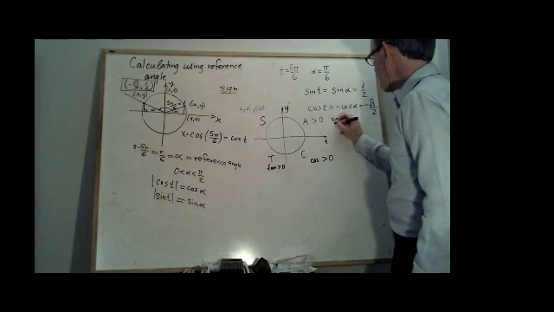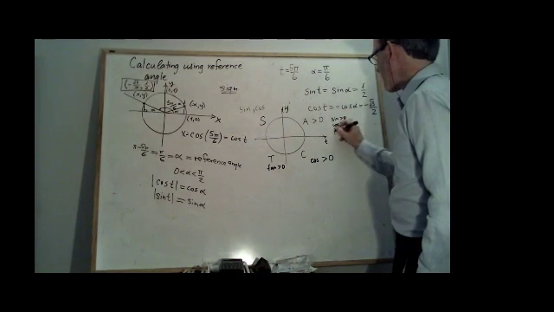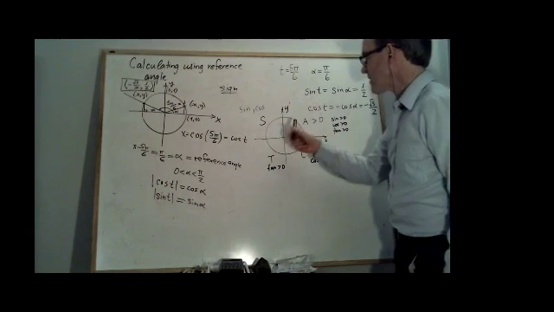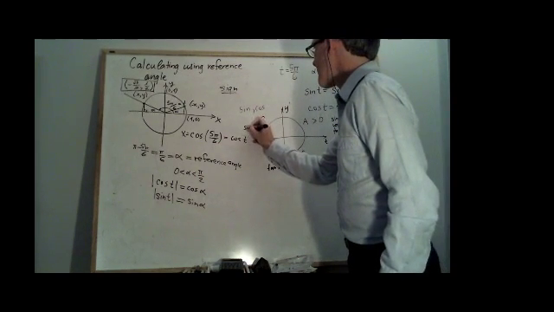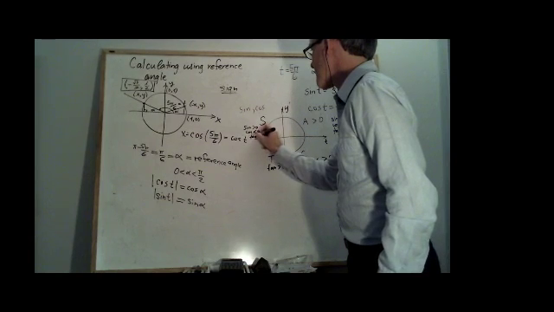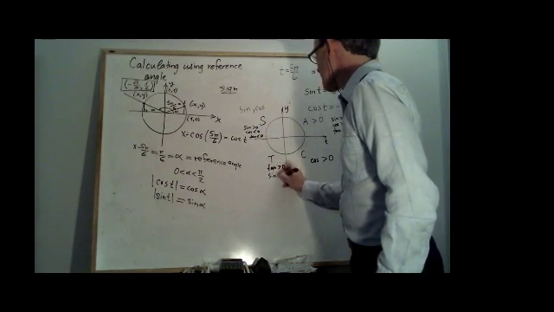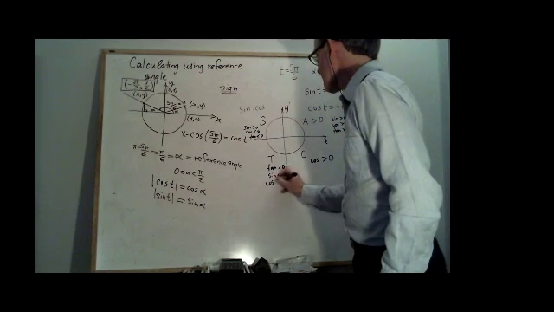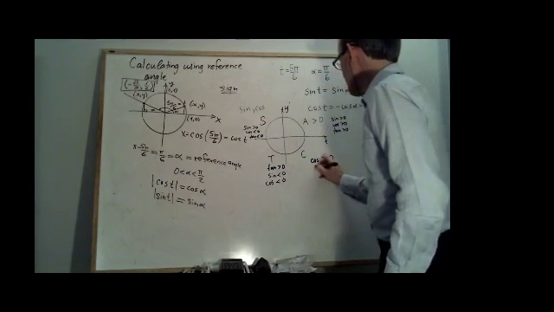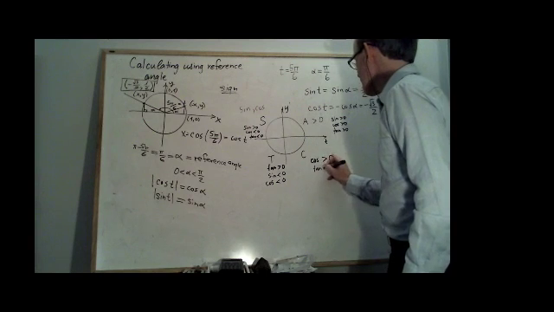The sine is positive, the cosine is positive, the tangent is positive. The second quadrant will be the sine is positive, the cosine is negative, tan is negative. Here the tan is positive, the sine and the cosine are negative. And here the cosine is positive, tan is negative, sine is negative.